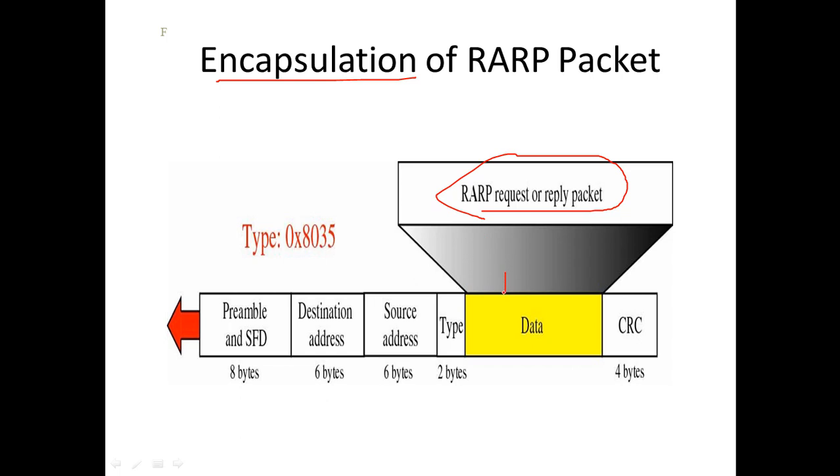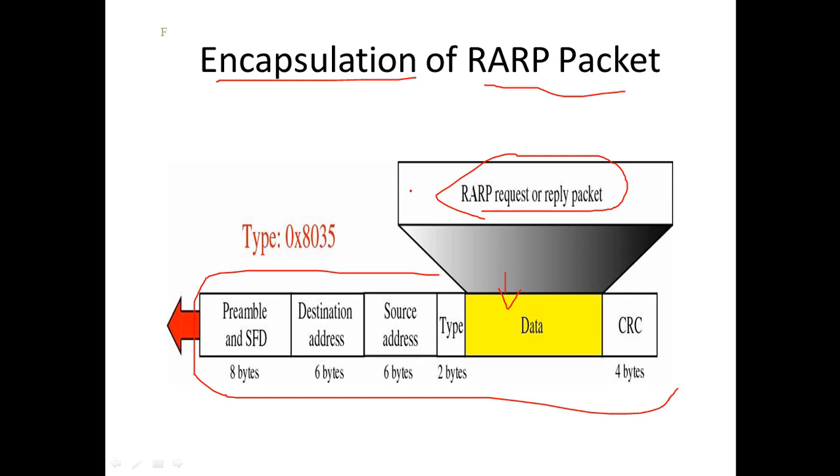You can see that this is the complete format of the packet, and you do not have to include the RARP information in any other fields. You just have to merge it into that data field. It is highlighted here.